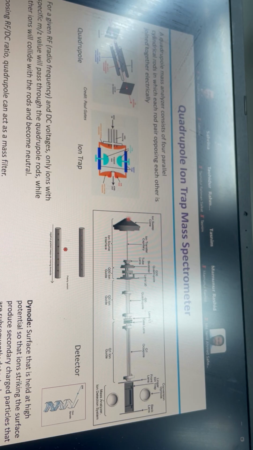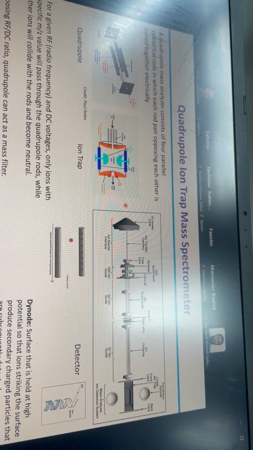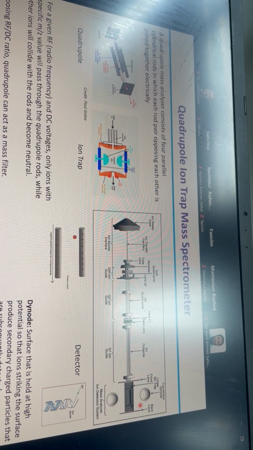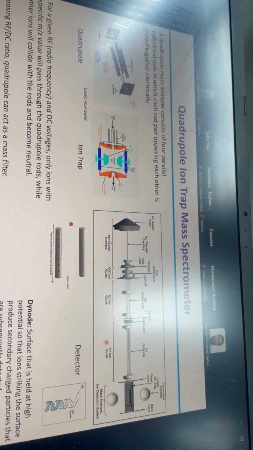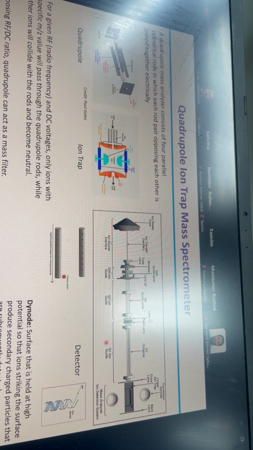Same thing, if you want to transfer these ions from the source to the detector, they also need a highway or train so the ions can move through, because if you do not have any pathway, they will be lost. That's why it's sometimes also called an ion train.